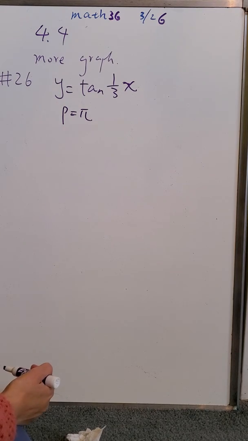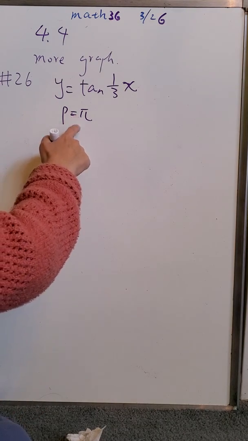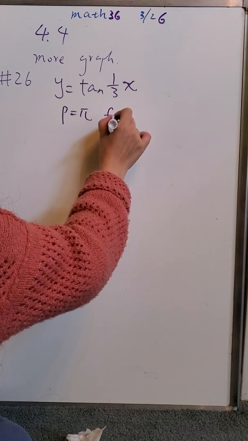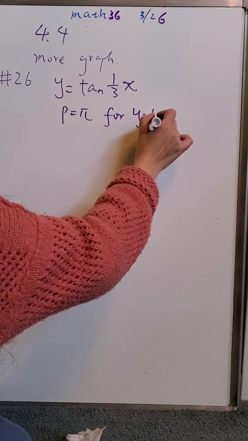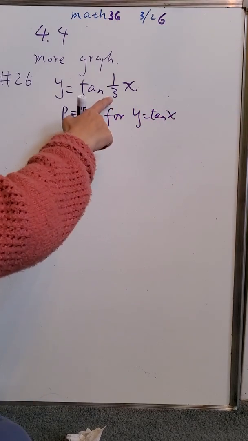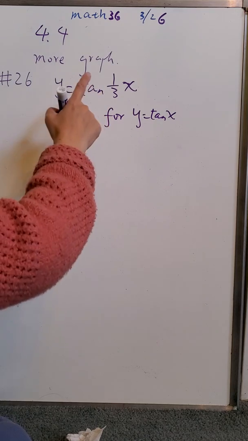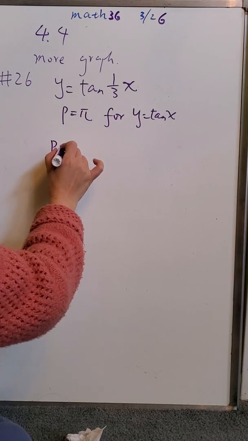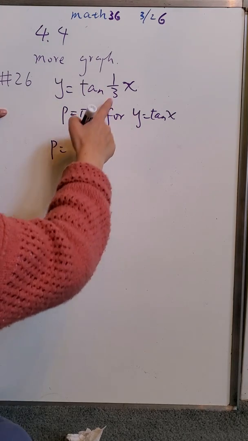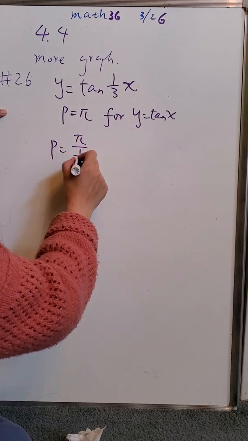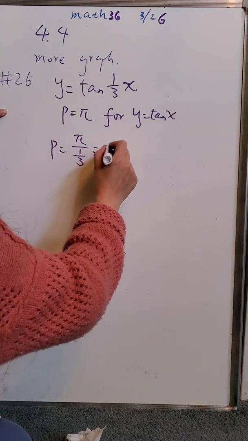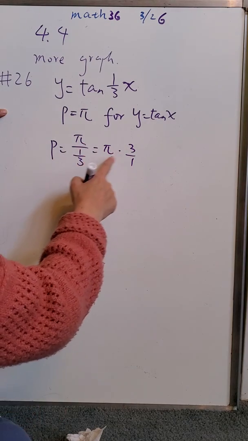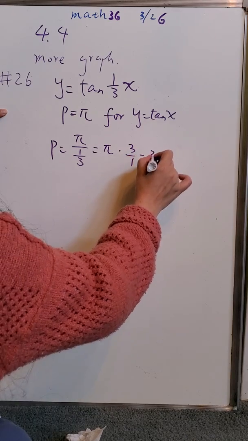So when you look for the period, if you have tangent of some number times x, this is also your b. So your P is equal not to 2 pi divided by that, but instead pi divided by 1/3. That's the same as pi times 3 over 1, because division is the same as multiplication by the reciprocal, so it's equal to 3 pi.